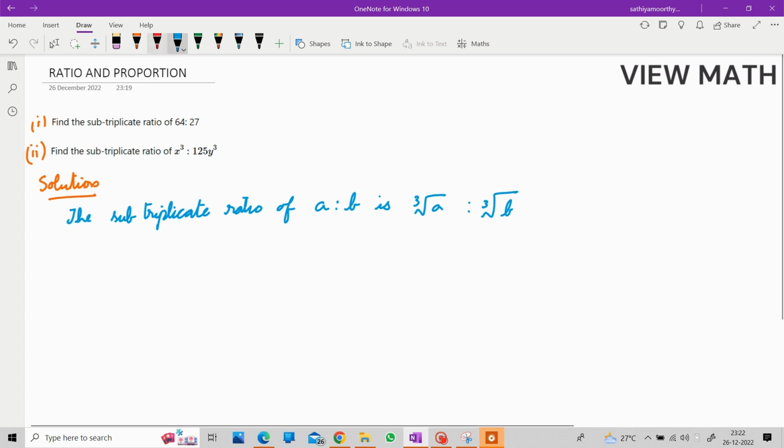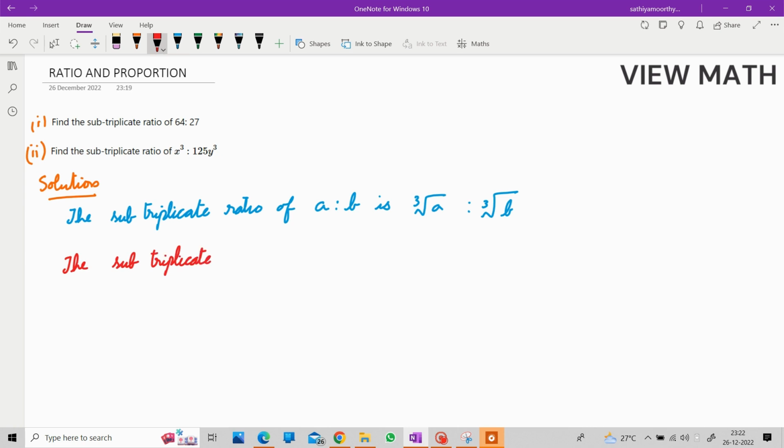So using this, I'm going to find out the subtriplicate ratio of 64 is to 27, which is cube root of 64 is to cube root of 27.